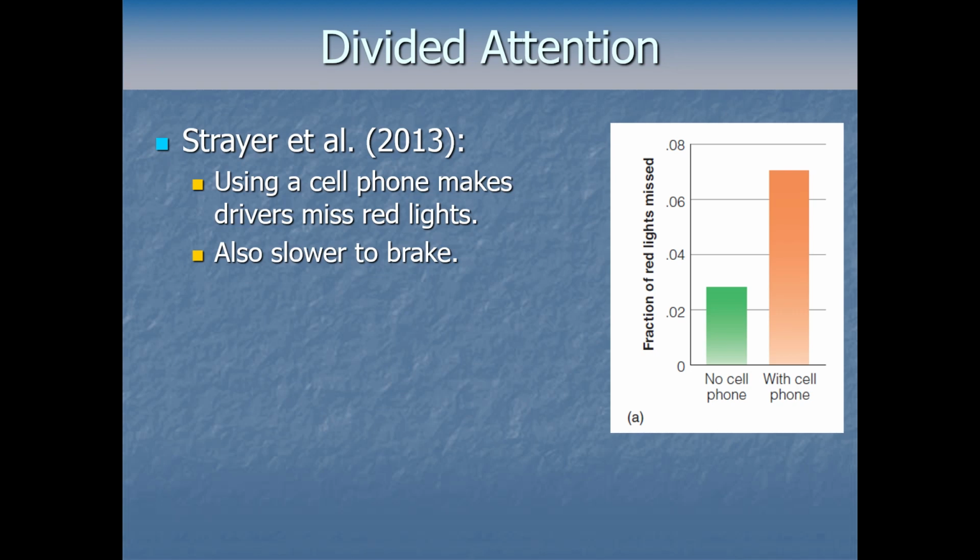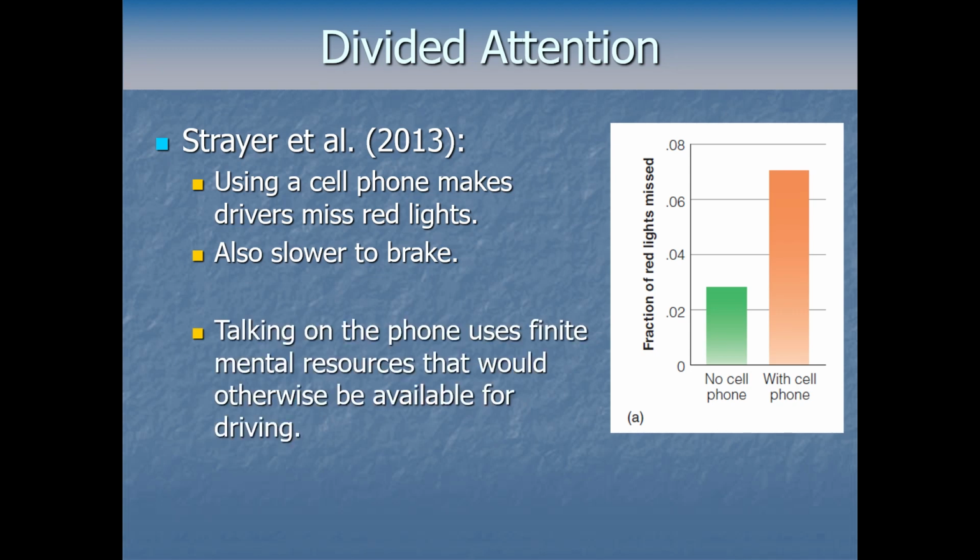Now, the reason this is relevant to cognitive psychology is that talking on the phone uses finite mental resources, finite attentional resources that would otherwise be available for our driving. But you might object and say, no, I think their poor performance is because the person is using one of their hands to hold the phone up. So it's more about having a free hand than about attentional resources. Maybe we should just force everyone to use hands-free phones.